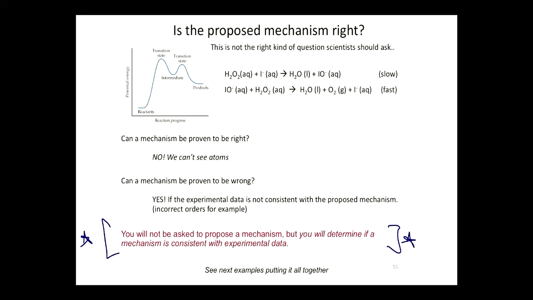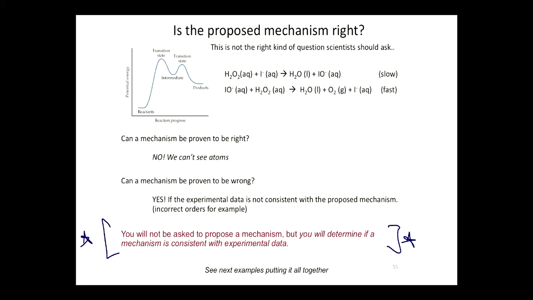So never am I gonna have you make up a mechanism on the spot. I usually give you the mechanism, but you need to figure out what is the rate law related to that mechanism, all right? And usually I give you what the slow step is, okay?